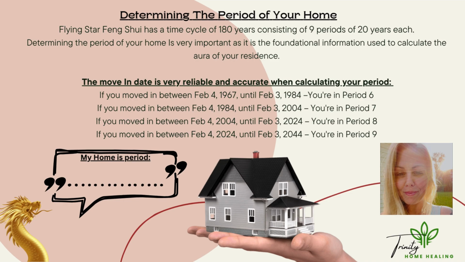As you can see in the chart below, there's period 6, 7, 8, and 9. I'm sure a majority of us will be in period 8, but you can take a look at the move-in date. Please note the most reliable and accurate date for calculating this is based on your move-in date, not the date the building was constructed.